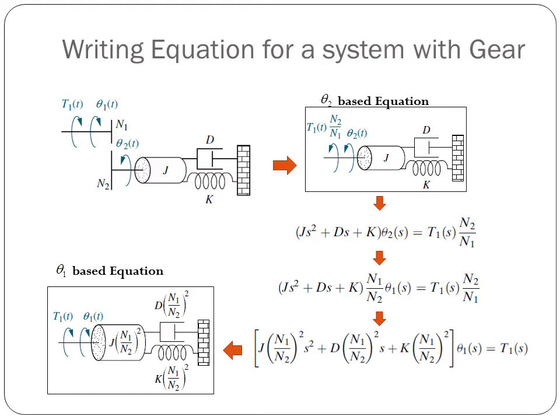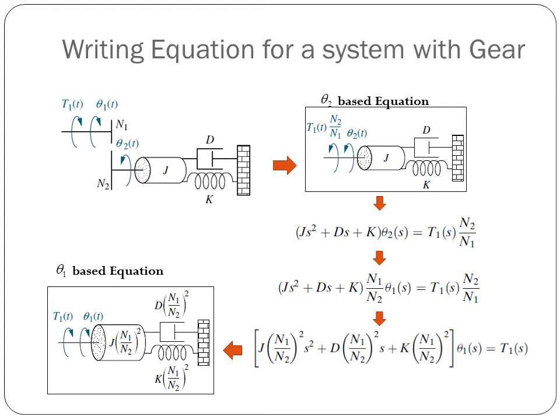I hope you remember these two figures in order to write the equation. And there is one more thing to include here: you do not have to write equations for both theta 2 and theta 1, just one.